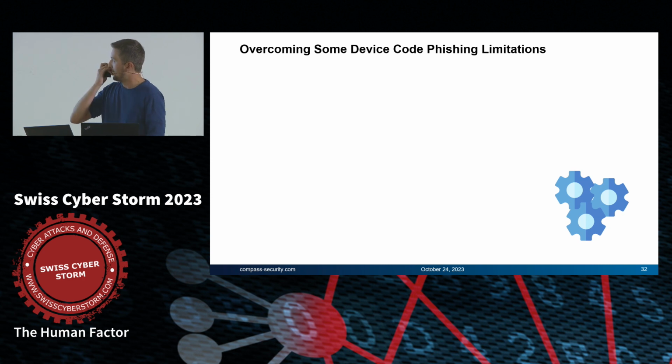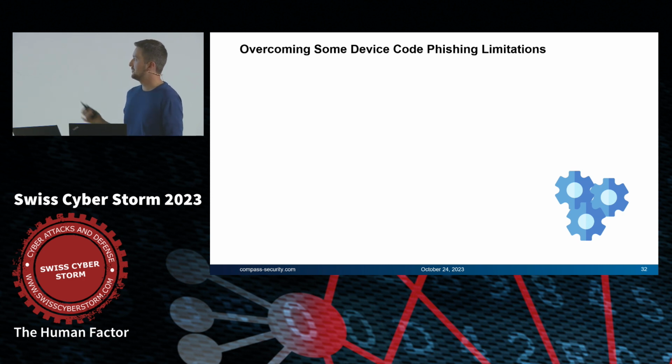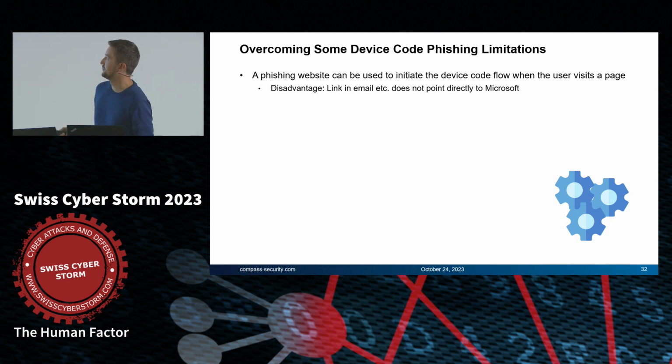So we had a red team engagement where we tried this device code phishing and we wanted to overcome the first 2 limitations. And we decided to have a phishing website that does the initiation of the flow as soon as a user accesses the website.